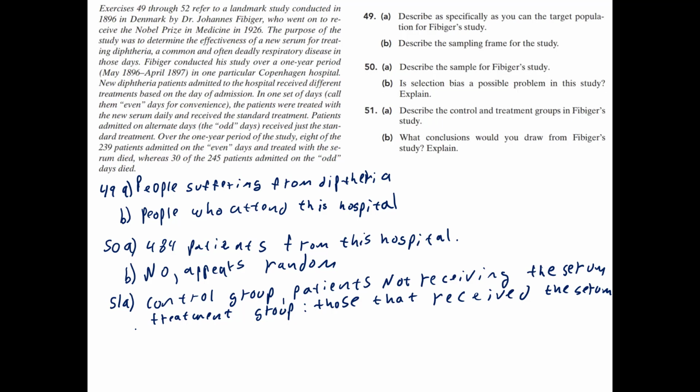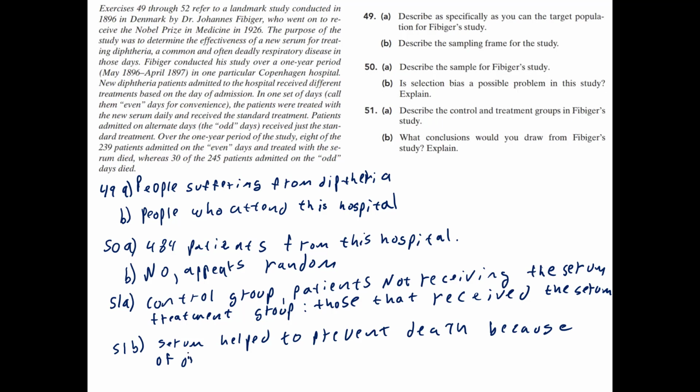Since only 8 out of the 239 people died, whereas 30 of the 245 patients died, it seems pretty reasonable to believe that the serum helped prevent death because of the difference in death rates. Okay, good enough.